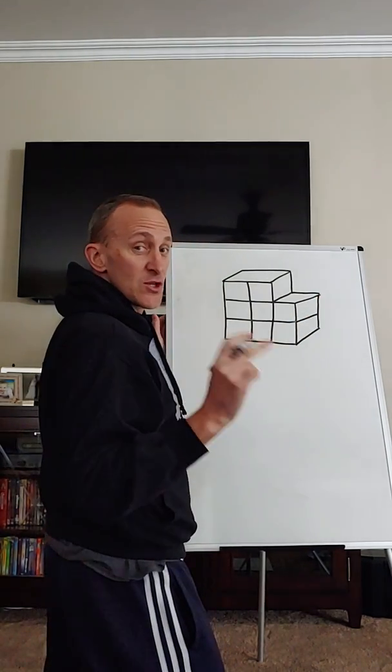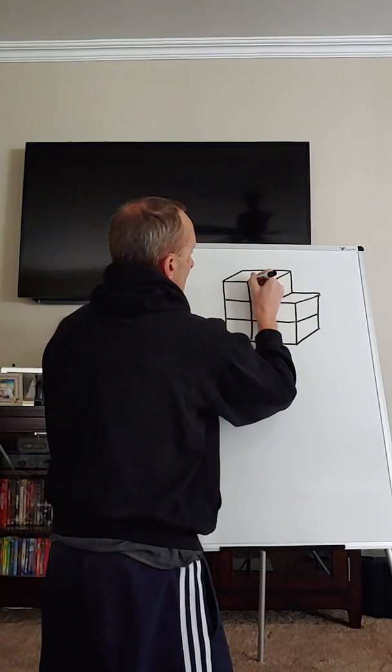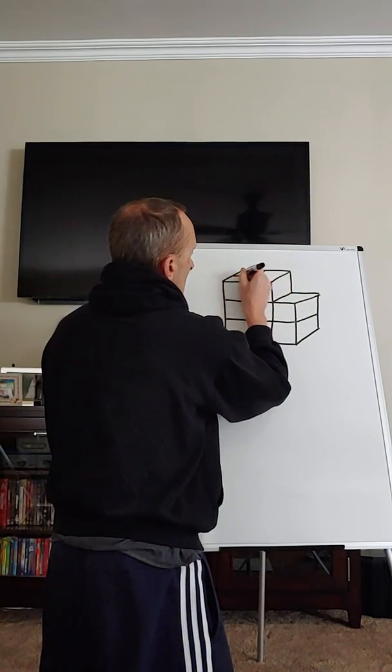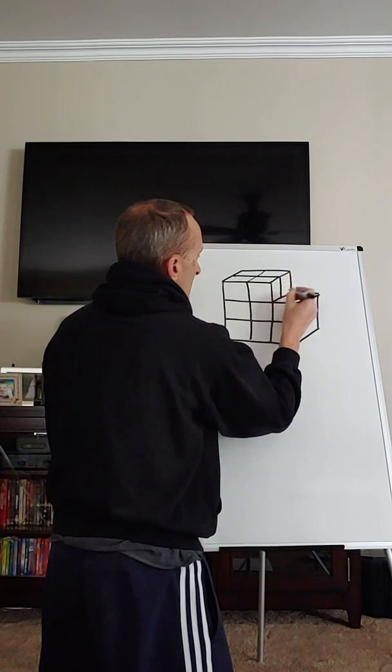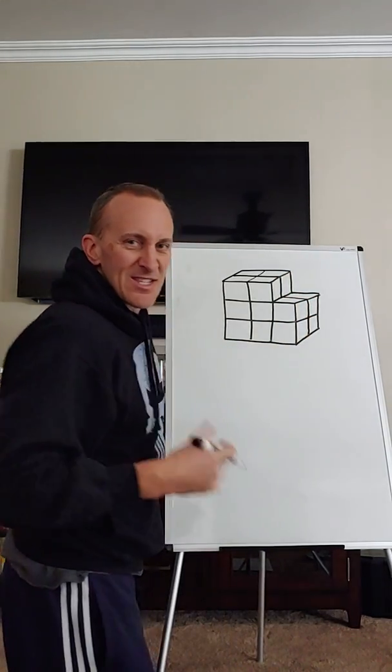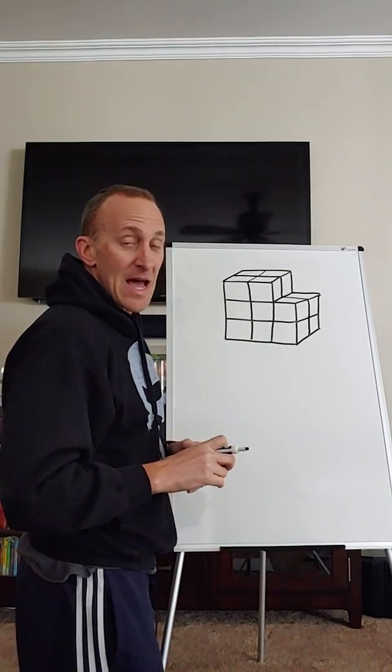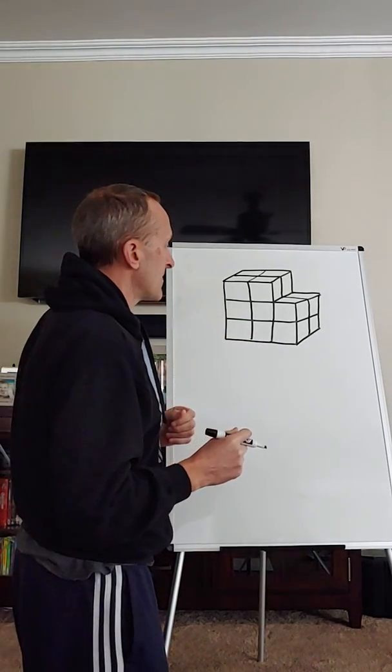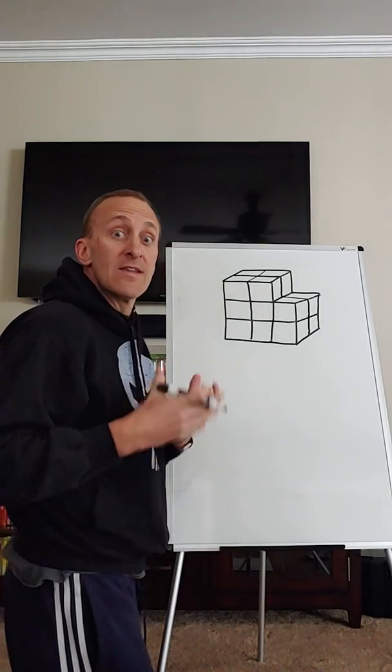Okay, but it's 2 layers deep, so I'm going to represent that by going like this. Boom, down, over, down. Okay, this is one of the funner topics for me because I get to draw a little bit.